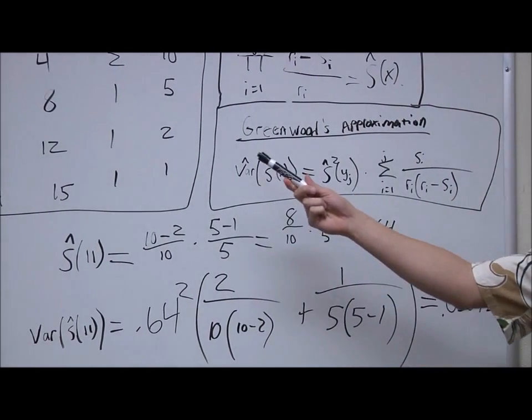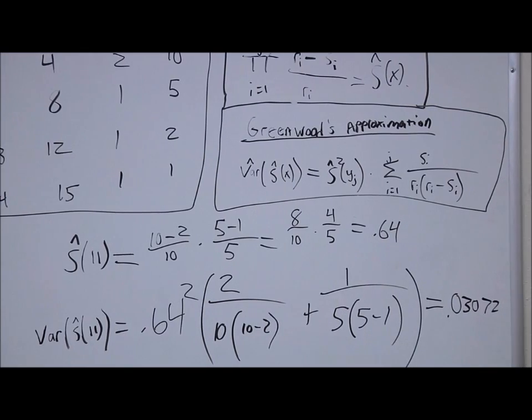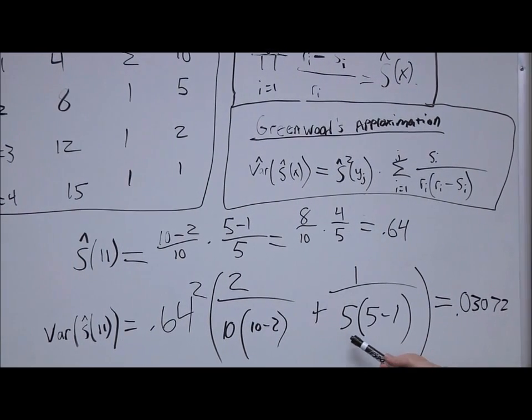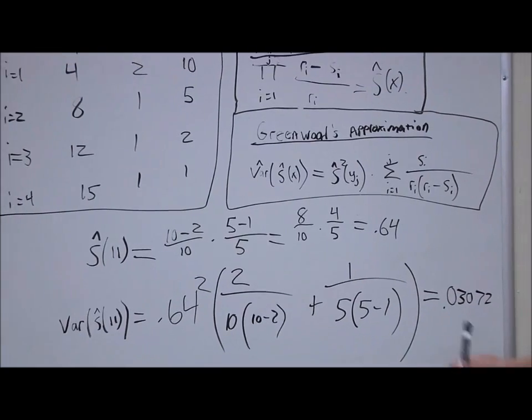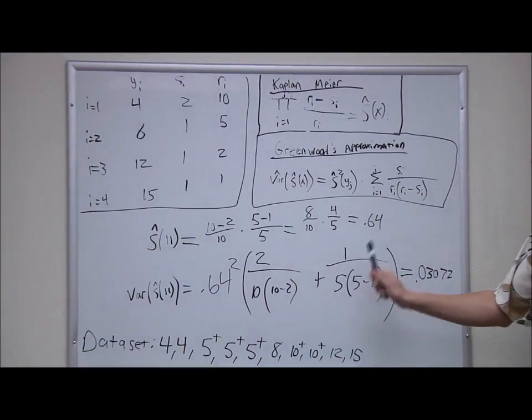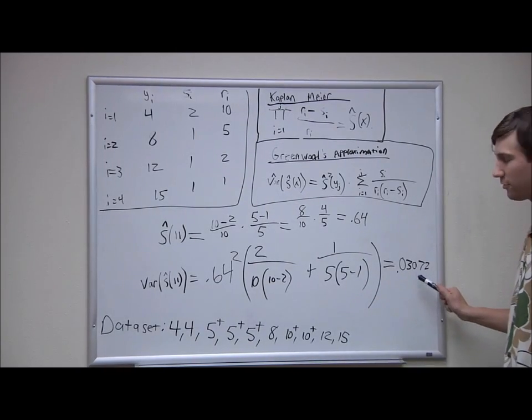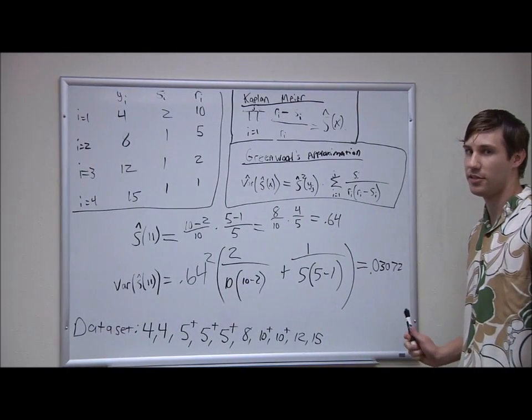And again, for i equals 2, so the y_i equals 8, that would be 1 divided by 5 times 5 minus 1. Sum it up, multiply it together, and we get 0.03072, which is our answer.